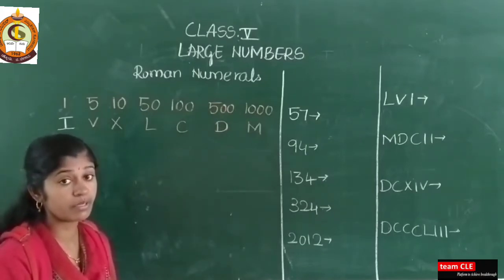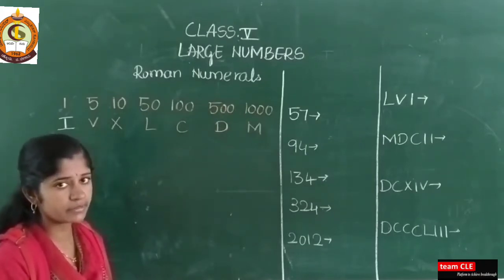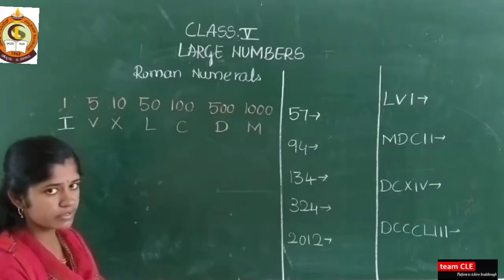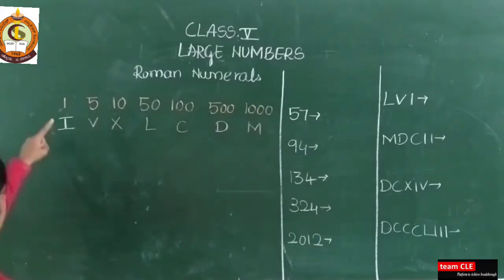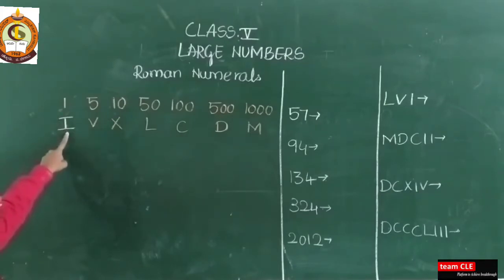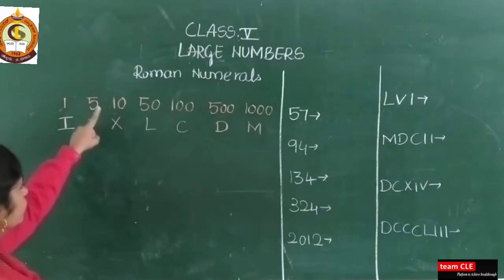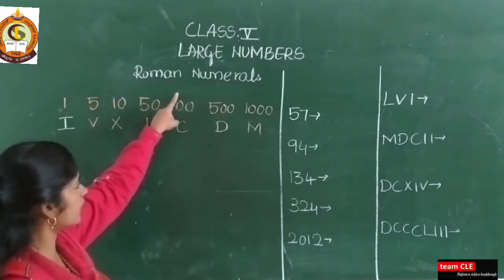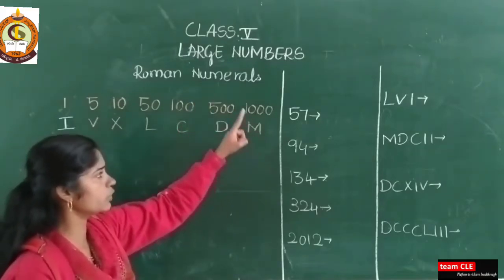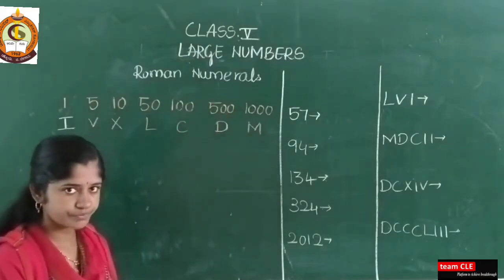This should be in your mind while solving Roman numerals. So one more time I will tell you: I represents 1, V 5, X stands for 10, L 50, C denotes 100, D denotes 500, M denotes 1000.